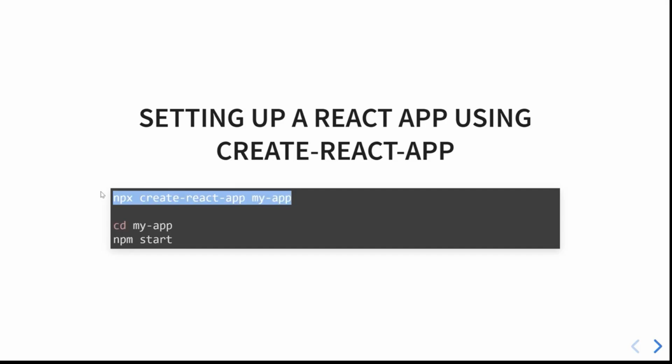This creates a sample app with the boilerplate code of all the libraries that are required. Once the files are created, you need to do cd, change directory, and say the name of the app. Then you'll be able to navigate to the app folder through the command line. To start the application, you say npm start.